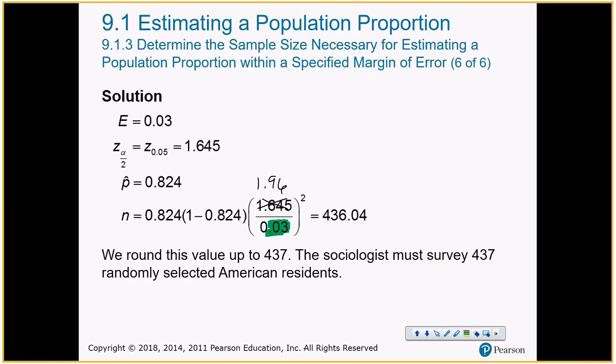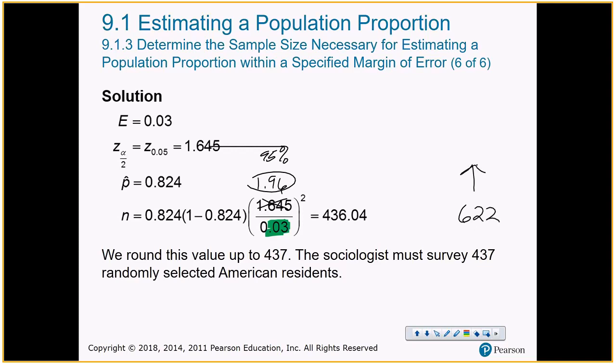As soon as you get your number, just spit it out. It's going to be more than 437. 622. So if you change just one thing to a 95% confidence level, it changes it to what? 622.5. 622.